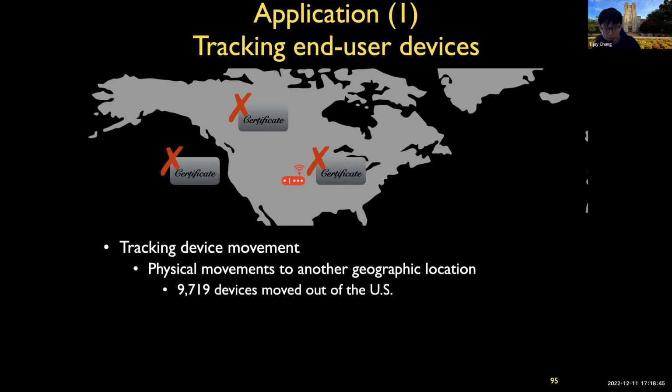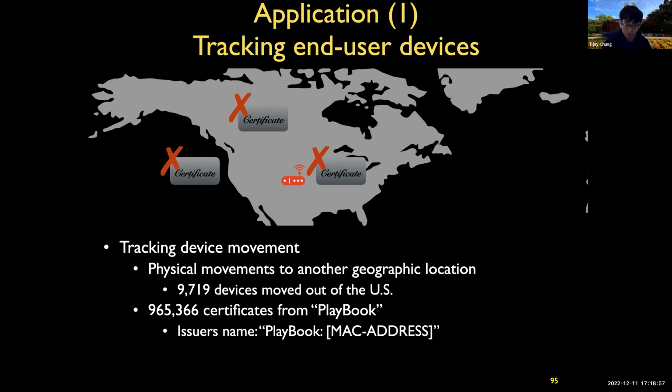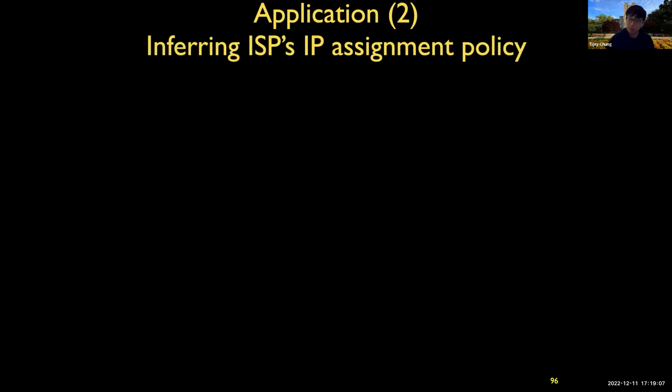We found, for example, 10K devices moved out of the US, and 1 million certificates from the Playbook. It is a small Android device that was really popular a few years back, because its certificate issuer name was just the MAC address, which does not change because the MAC address is bound to the device.